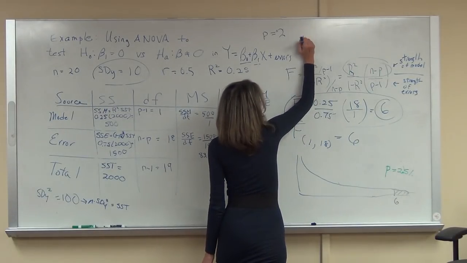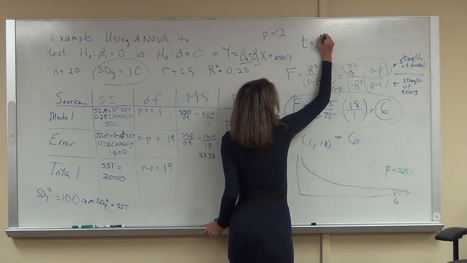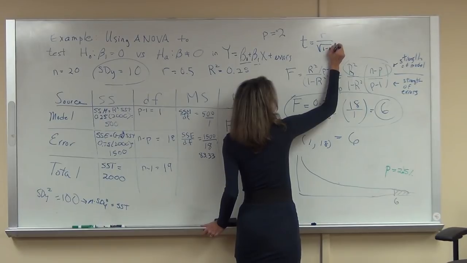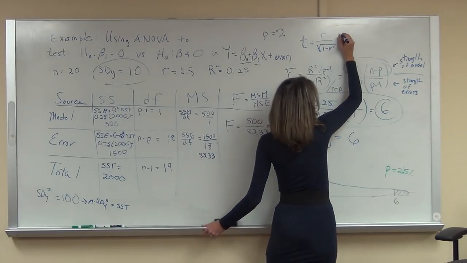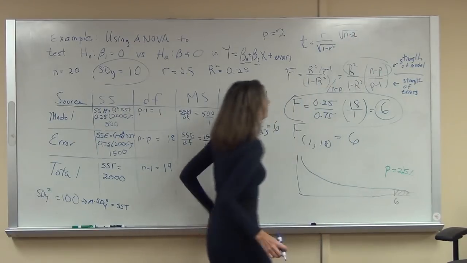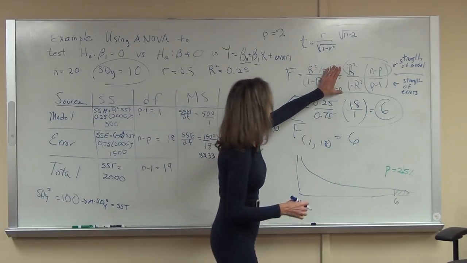So the t we talked about at the beginning, the t statistic is R over the square root of 1 minus R squared times the square root of n minus 2. So let's see how that matches up with this right here.